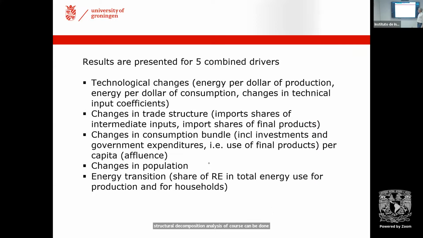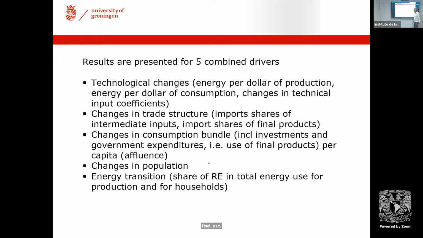So we combine the drivers very much in what we have seen so far. The technological change is in energy per dollar, so energy intensities, but it also includes the changes in the technical input coefficients. You have the changes in the trade structure, as we saw in the previous hour, changes in the consumption bundle, final use. So that is per capita affluence.